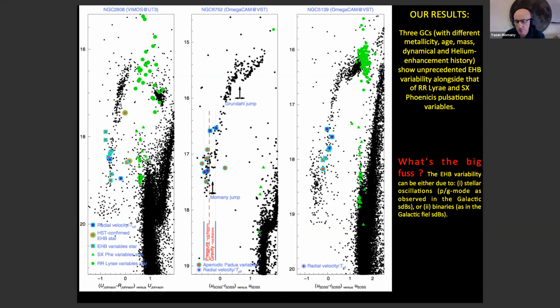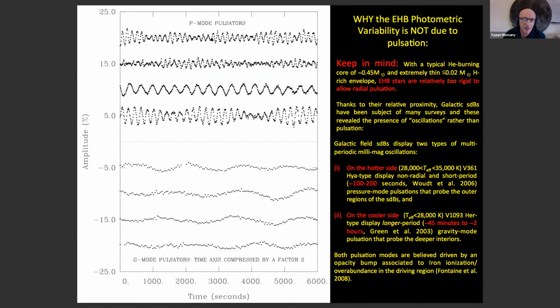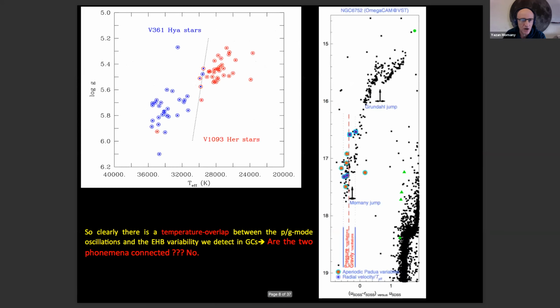Now, one would ask, what is the big fuss? Because as you can see in here, we already plotted the pressure and gravity mode oscillation instability strips. And one would say, okay, so they could easily be pulsators. Pressure mode pulsators are known to display periods of around a few hundred seconds, whereas gravity modes display up to two hours.